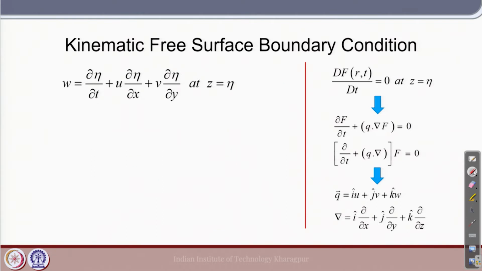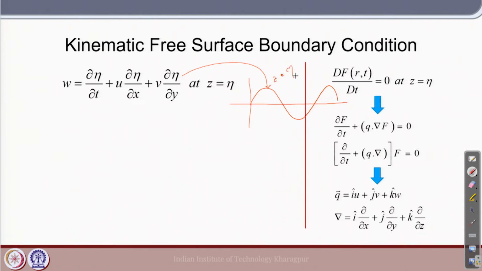If I write it again on the graph, I can see that this equation applies on the free surface. So, that means at the free surface your z is equal to eta.